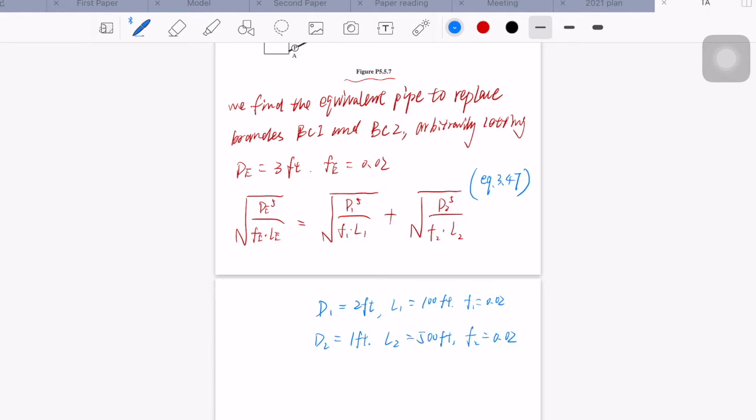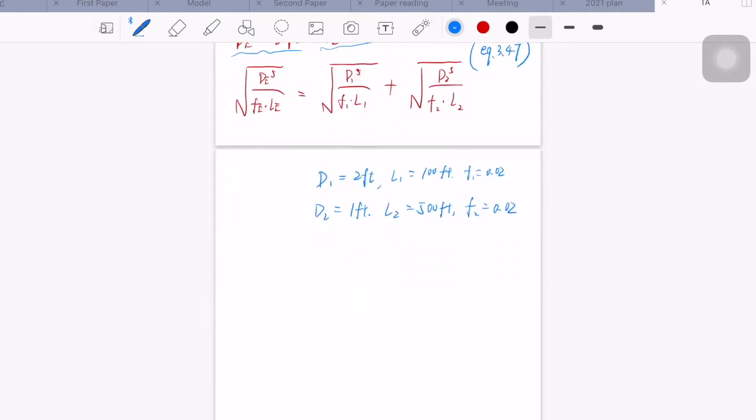Since we are letting the DE equals 3 feet and FE equals 0.02, we can get that the LE, the length of the equivalent pipe, equals 652 feet.